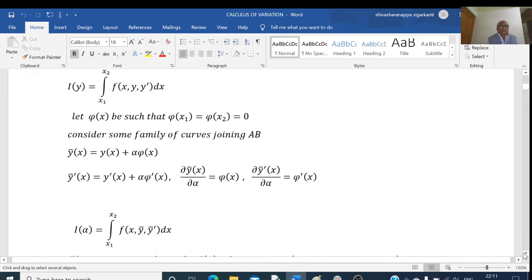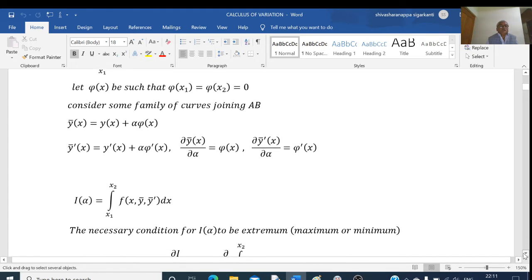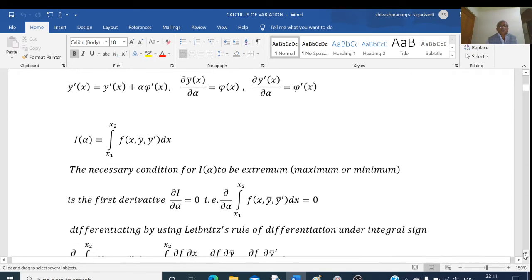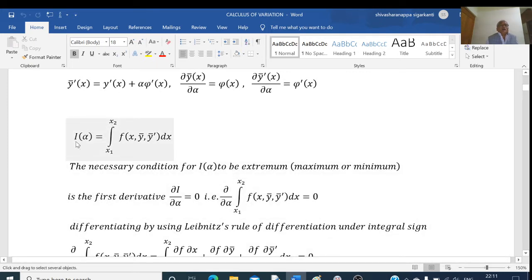Now, here, consider the integral from x1 to x2 of f of x comma y bar comma y bar dash dx.